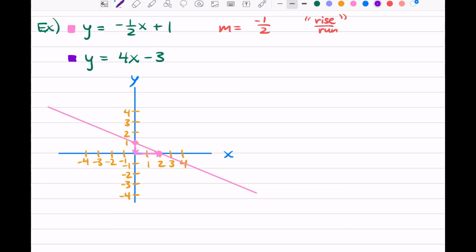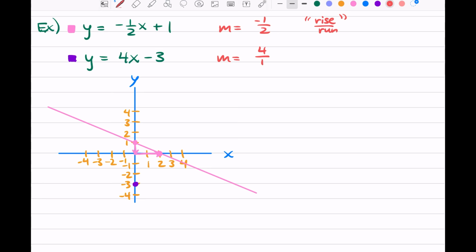And now, looking at our second equation, y equals 4x minus 3, we have a y-intercept at negative 3. And we have a slope of 4. So you can think of it as, for every increase of x by 1, y goes up by 4. Or you can think of it in our rise over run format.